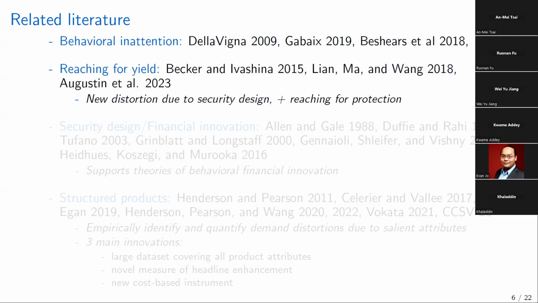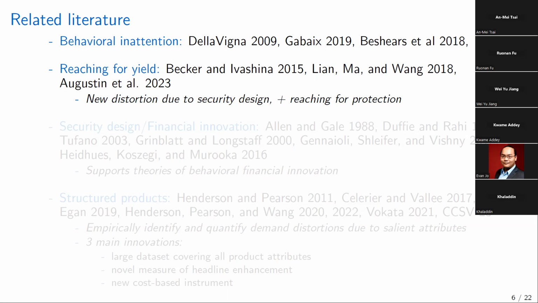The distinction here is that I'm looking at a different market. I'm looking at a mechanism that comes from financial engineering of security design. And on top of it, in my context, I don't only observe behavior consistent with reaching for yield, but also behavior consistent with some kind of reaching for protection or reaching for safety. Okay, so in my context, investors are really overweighting both the attributes that govern the upside as well as the downside.